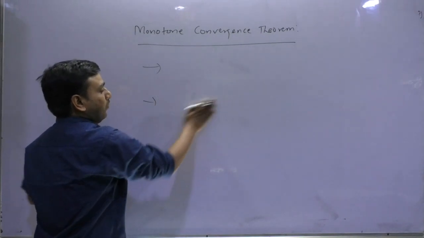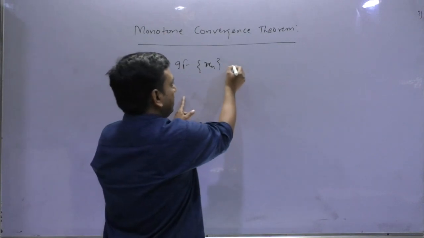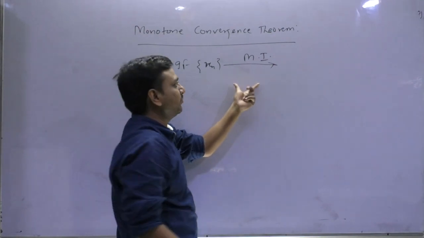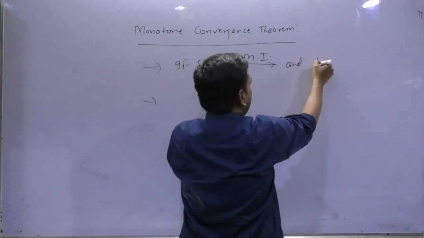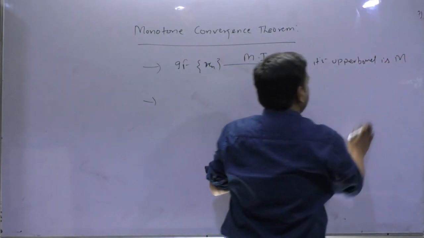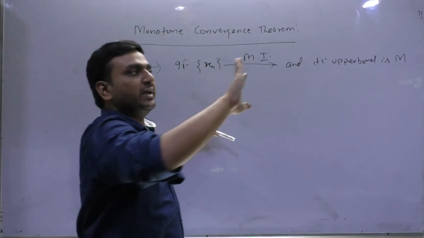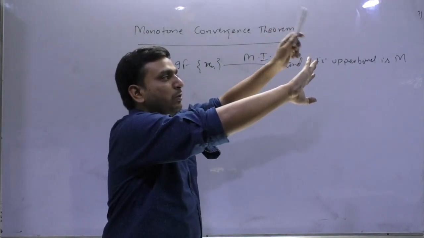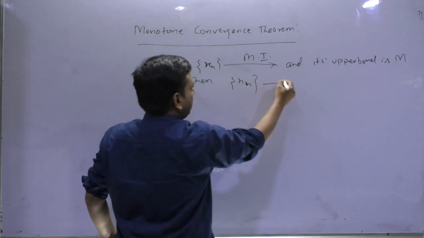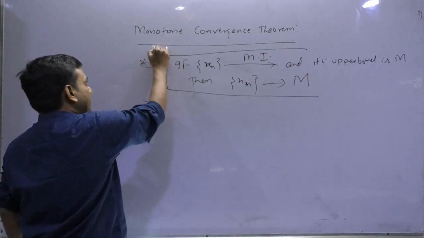Okay? So what it says, if some sequence xn is monotonically increasing and its upper bound, please focus here, is capital M, then this sequence xn converges to M. Please notice this point.